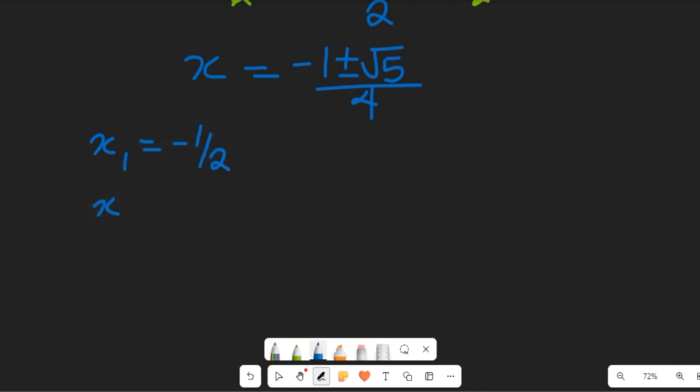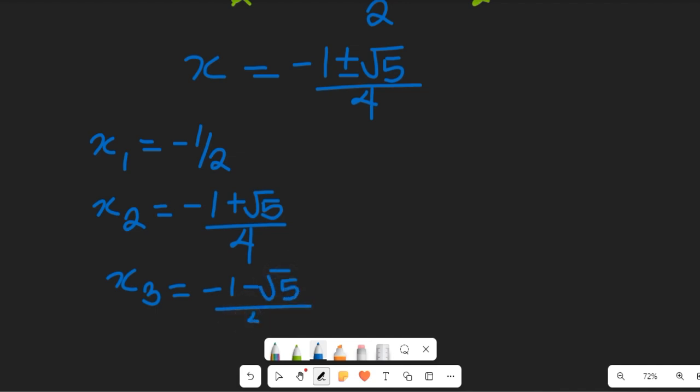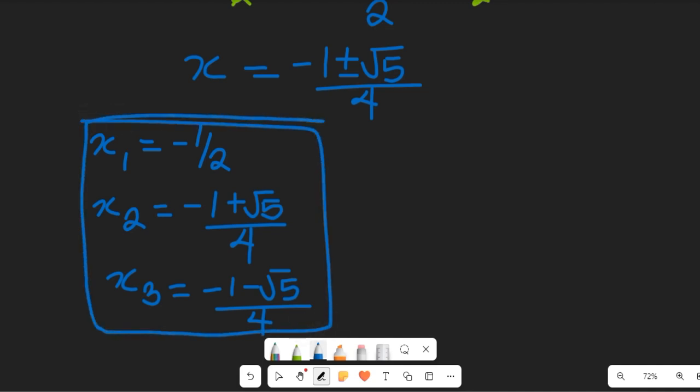So our x2 will be equal to -1 plus the square root of 5 divided by 4, and then our x3 will be equal to -1 minus the square root of 5 divided by 4. And all these are the solutions to the expression given to us up there.